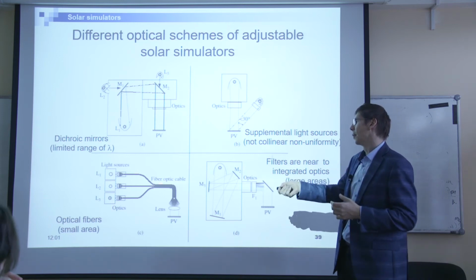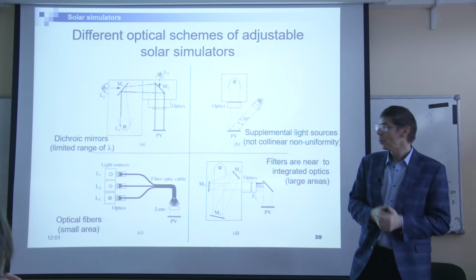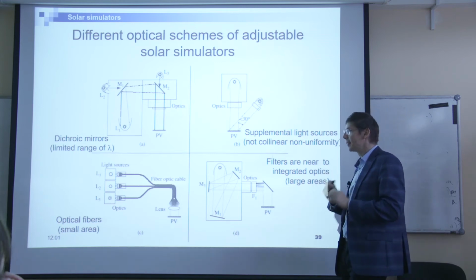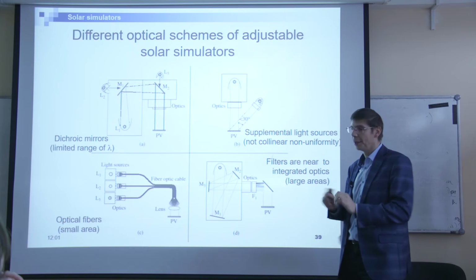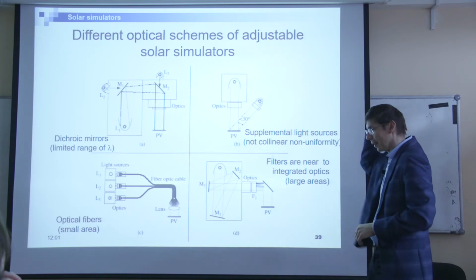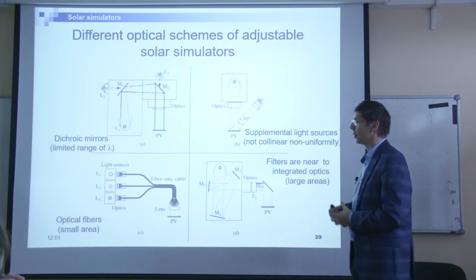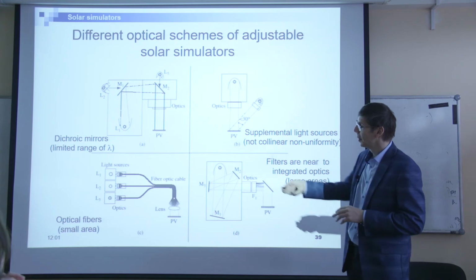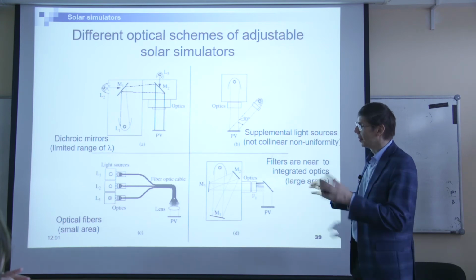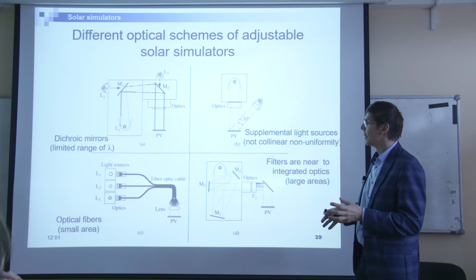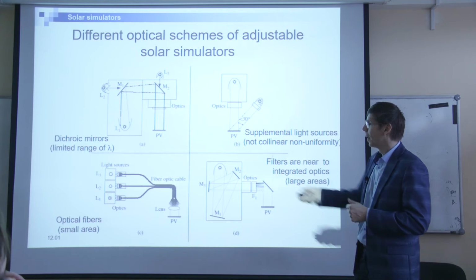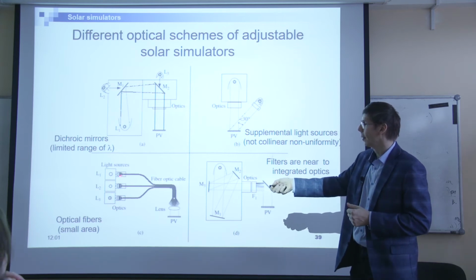So, using fiber optic. Actually, fiber optic is a very nice thing for many optical measurements, and you will see another solution using fiber optics. The main idea is that you have different sources, and it's not only one fiber.